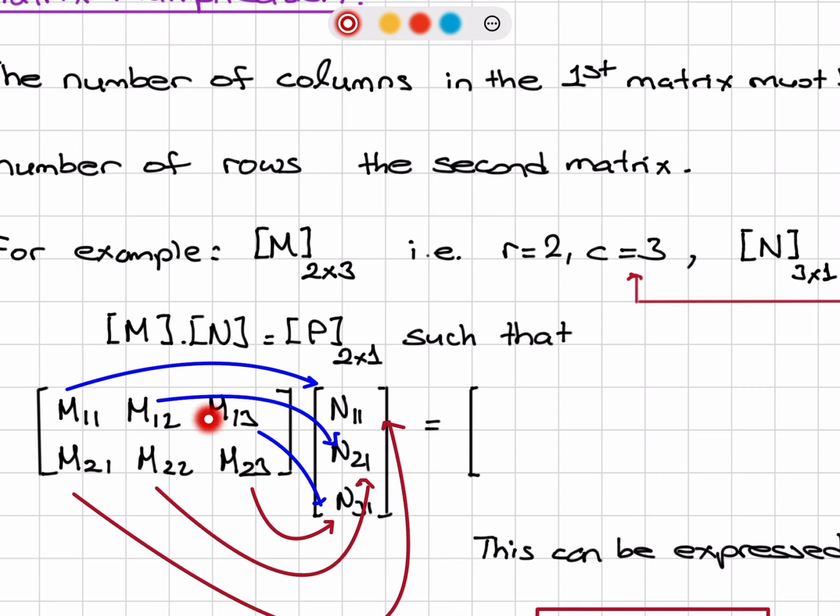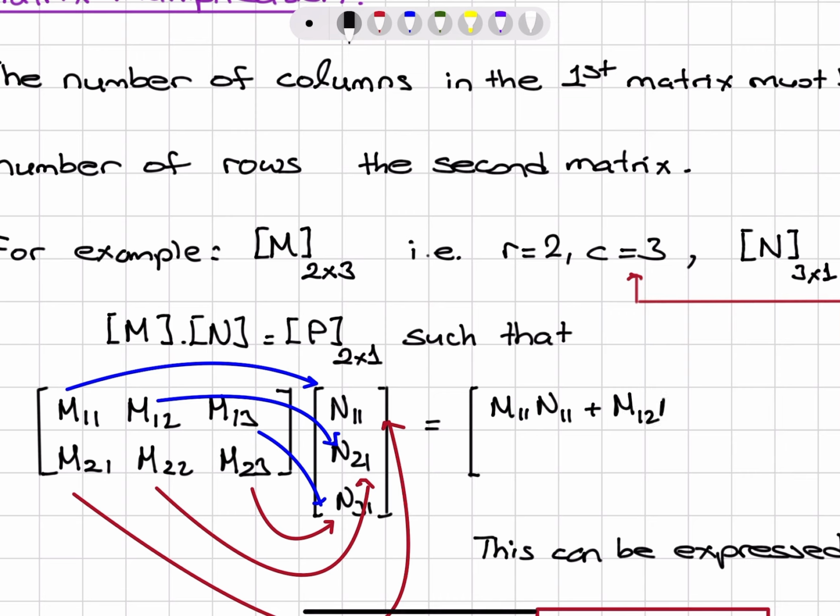And M13, first row, third column in the first matrix, will be multiplied with third row, first column, N31, giving us the first element in matrix P. So the first element in matrix P is M11 N11 plus M12 N21 plus M13 N31.